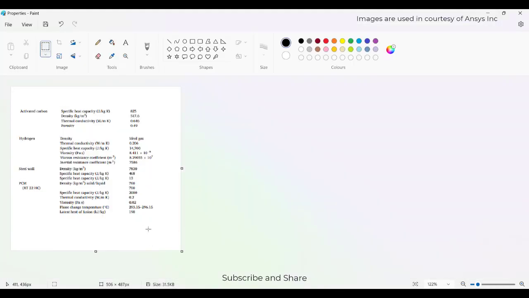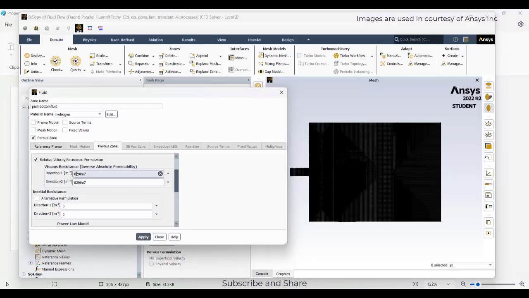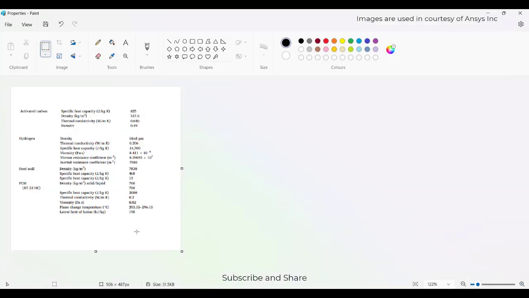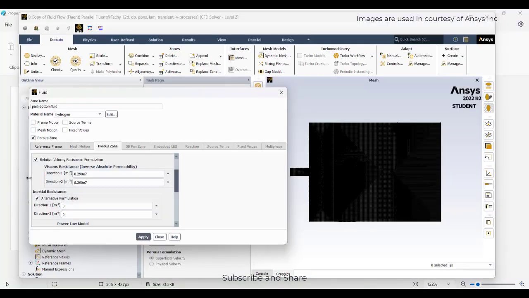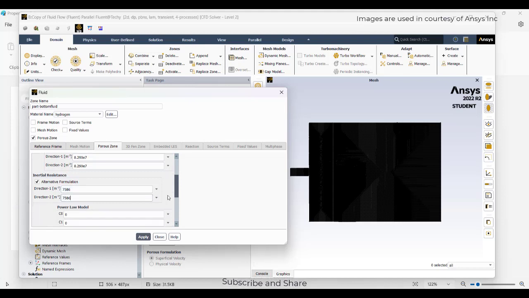Just verify again. So it's 8.290. Sorry, 8.290. And the inertial resistance is given as 7586. These are the properties we get from Darcy's equation for the inertial and viscous resistances.